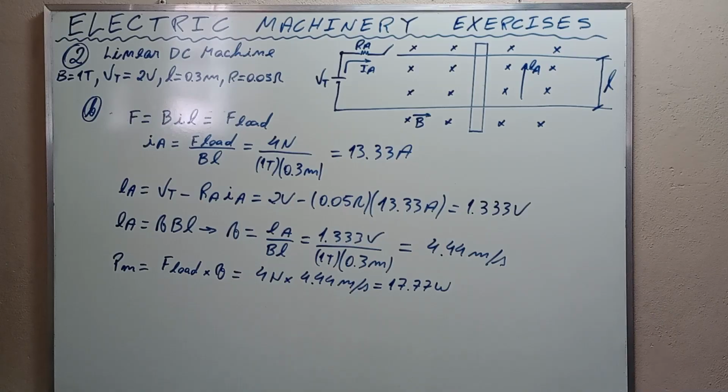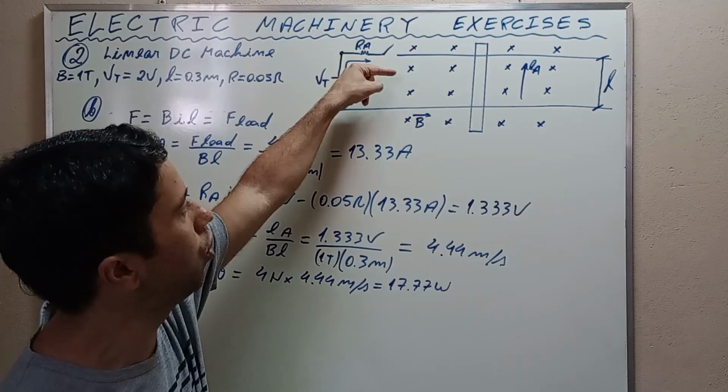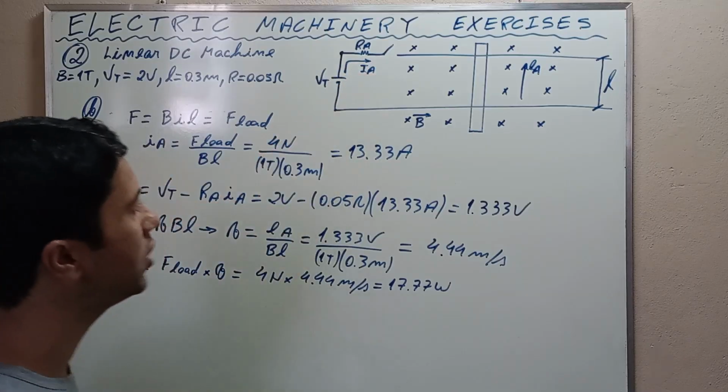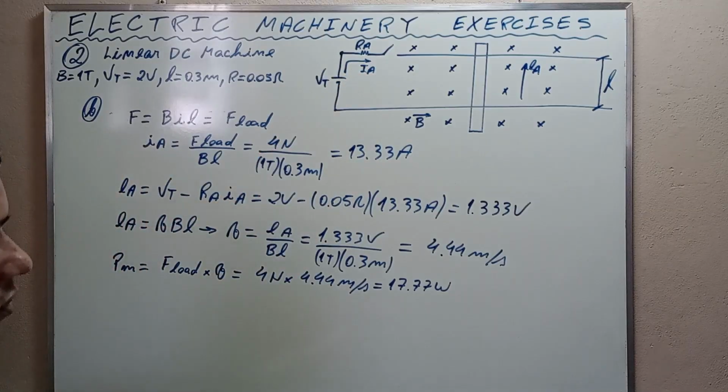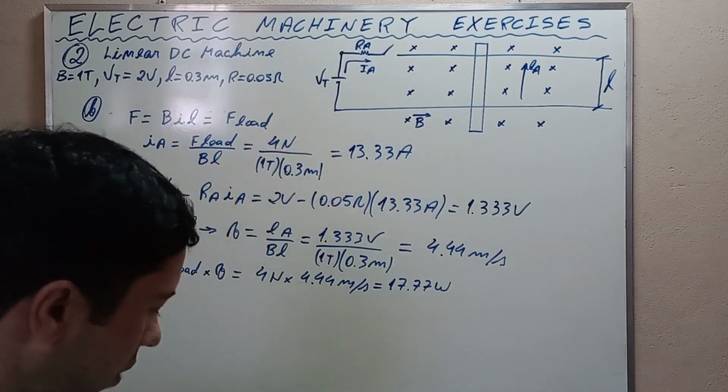Okay, the power taken from the battery, the exercise wanted us to calculate the power taken from the battery when in steady state. We are going to close this switch, and we are going to wait for steady state to happen, and after steady state is reached, we want to know the power that the battery is delivering.